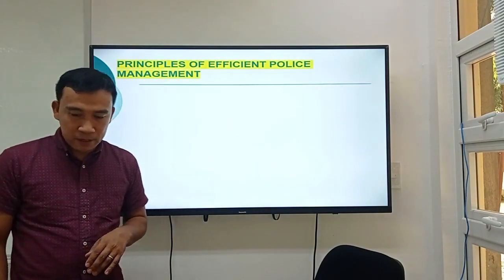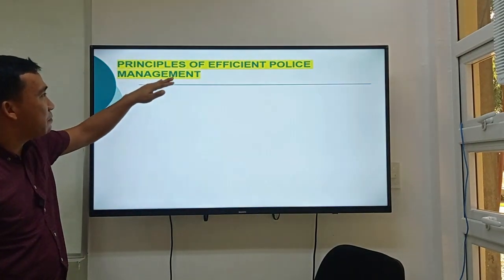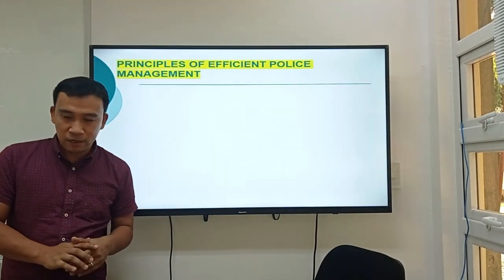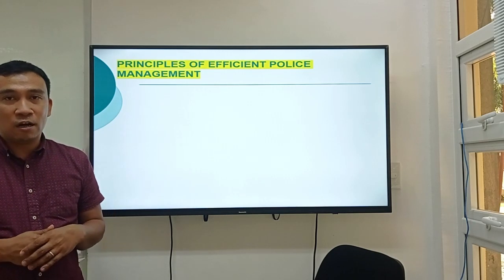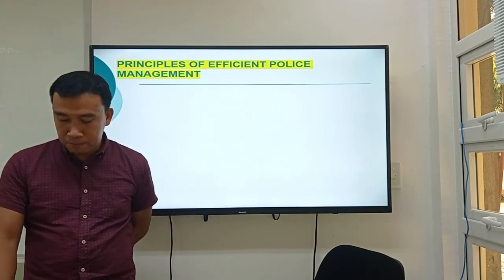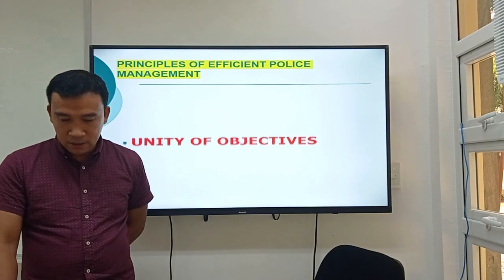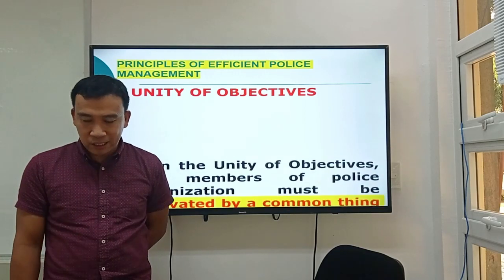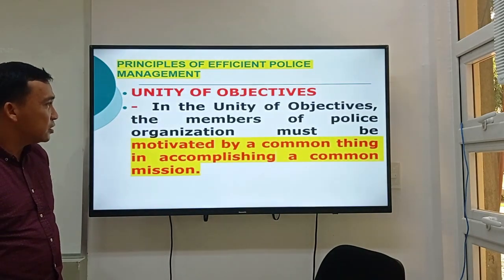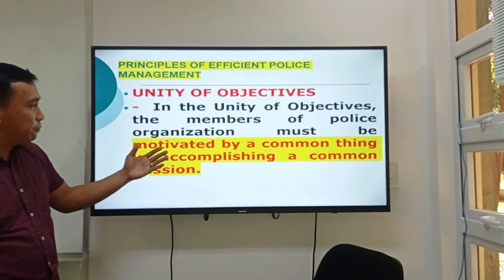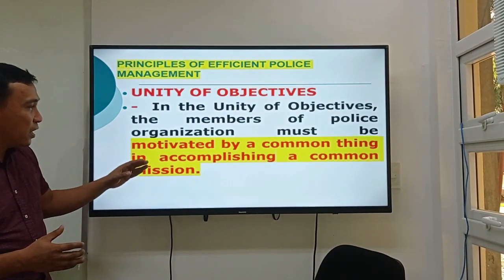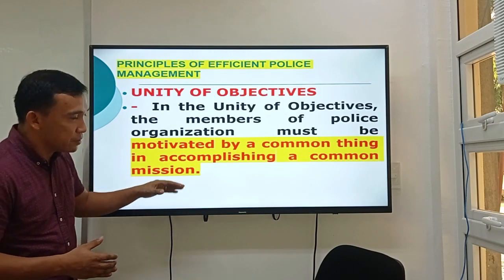Next, principles of efficient police management. What are the different principles concerning the efficiency of police management? Number 1, unity of command or unity of objectives. Unity of objectives means the members of police organization must be motivated by a common thing in accomplishing a common mission.